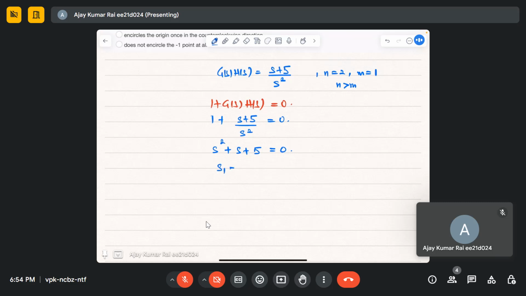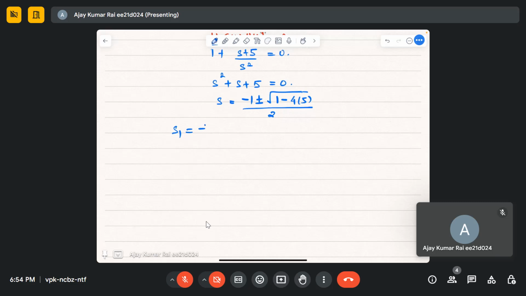They will be complex roots: -1 plus or minus square root of 1 minus 4 into 5. 4 into 5 is 20, and 1 minus 20 is minus 19.